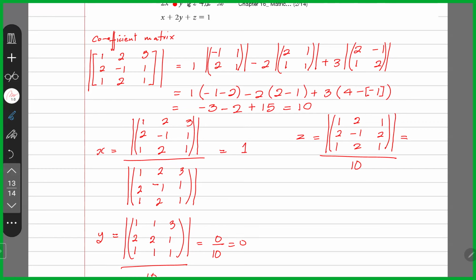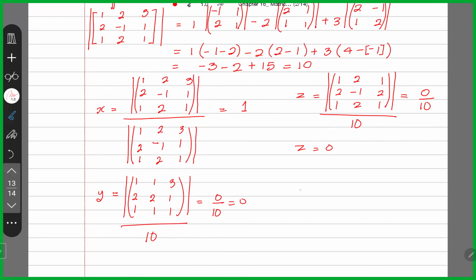Therefore, the determinant of the numerator is going to be 0. The denominator is 10. Z is actually 0. So in this, x is equal to 1, y is equal to 0, and z is equal to 0.